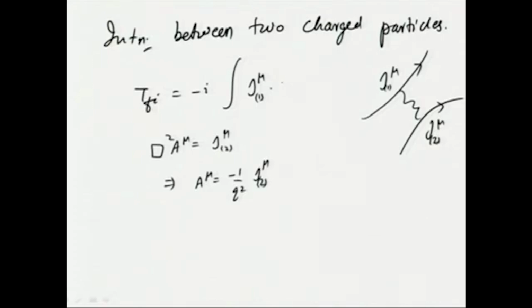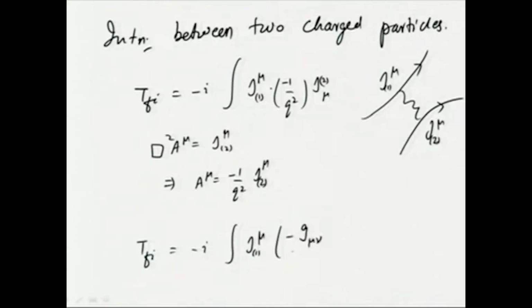So I could write T f i as minus i integral of two contravariant currents, j1 mu times minus g mu nu over q square j2 nu, d4x d4x.